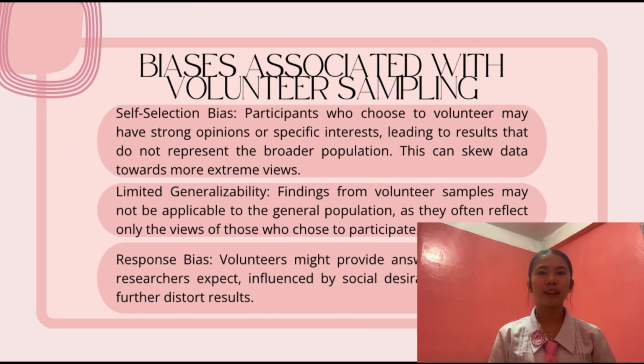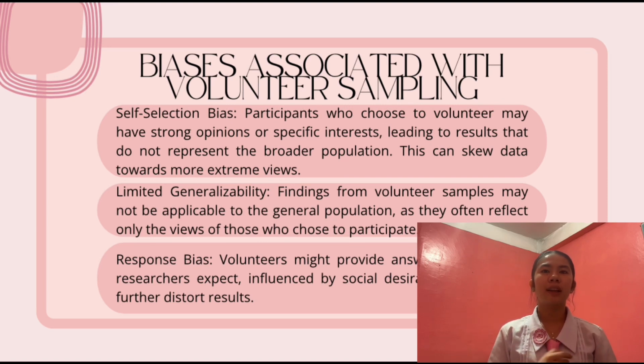While voluntary sampling has its benefits, it also comes with several biases that researchers must consider. Number one, self-selection bias. Participants who choose to volunteer often have strong opinions or specific interests. This can lead to results that do not accurately represent the broader population and may skew data towards more extreme views.